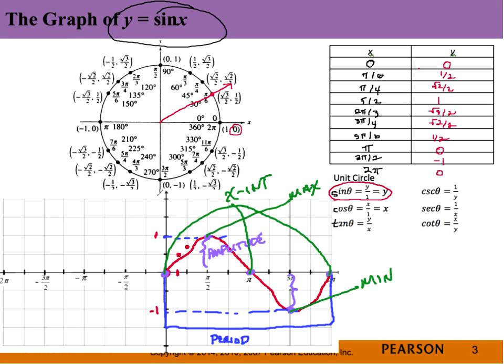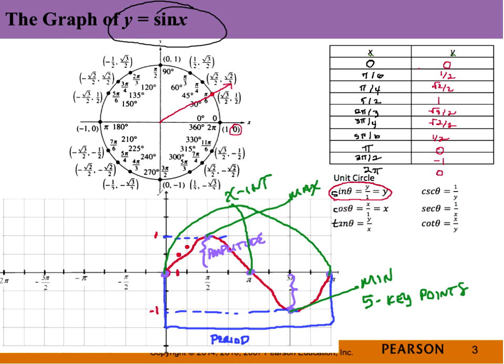When we are graphing these functions, sine and cosine, these are our 5 key points. So if we have these 5 key points, the 3 x-intercepts and the maximum and the minimum, we can graph the function itself.